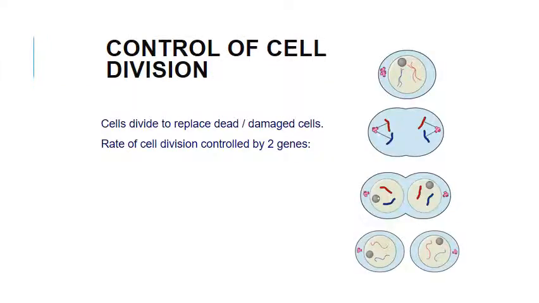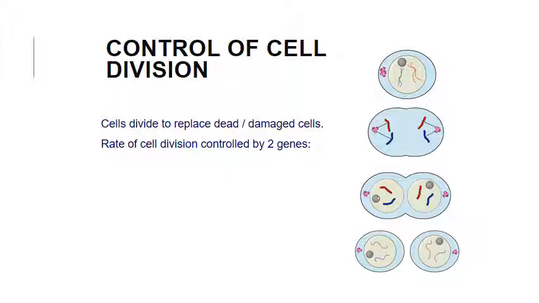So mutations then may be related to cancer. Let's have a look at how that might happen. In the control of cell division, there are genes involved.